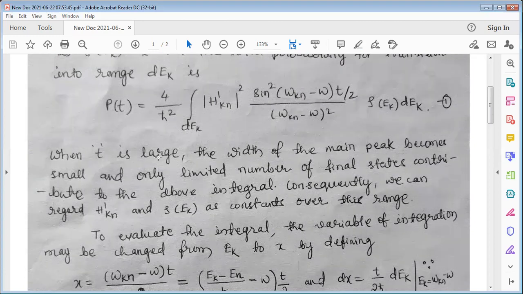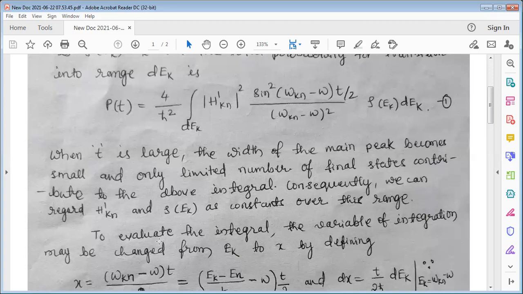So when t is large, the width as well as the height of the peaks goes down, and that shows that only a limited number of final states contribute to the above integral at a larger time t.